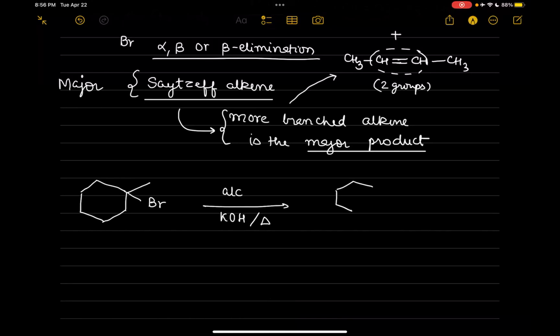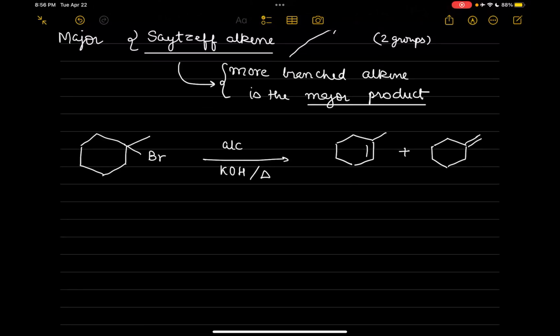This is cyclohexane. When you get a cyclohexane where the double bond is inside the ring, or there is a double bond being formed on the outer branch. Which is Zaitsev, which is Hofmann?